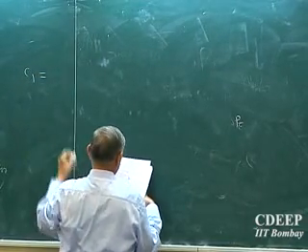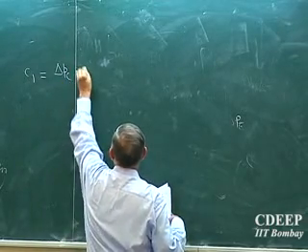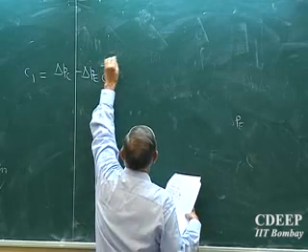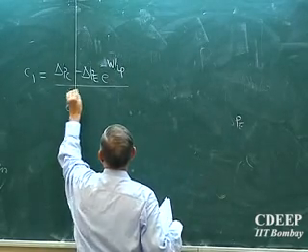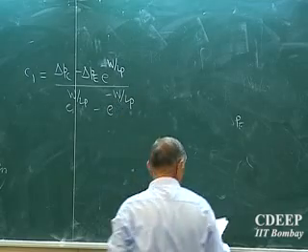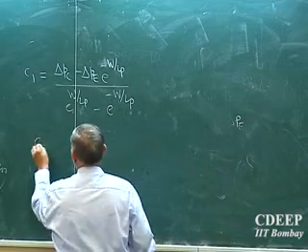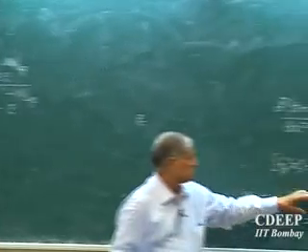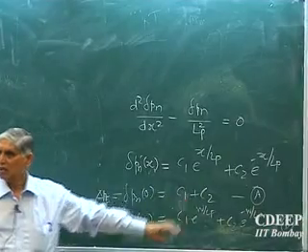C1 is delta PC minus delta PE e to the power minus W by LP, divided by e to the power W by LP minus e to the power minus W by LP. Okay. This is C1. And if I do this, what is C2? Once I know C1, delta PE minus C1 is C2.